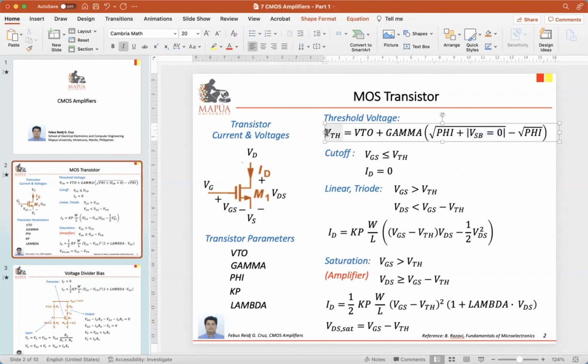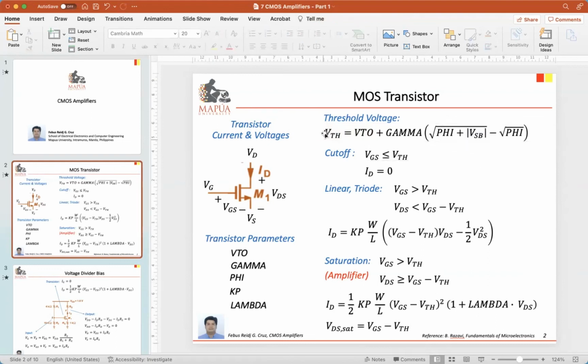Therefore, the VTH will be equal to the VTO. So dun sa mga given sa assumption natin doon, yung 0.6 volts, that is the same as the VTO. That is the threshold voltage when the VSB is equal to 0. Nakuha ba yon? Okay po sir, thank you po.